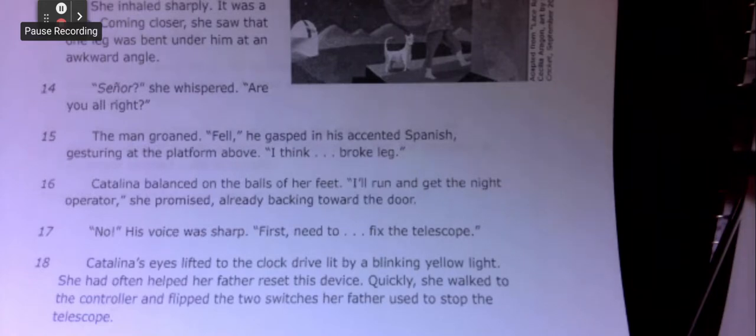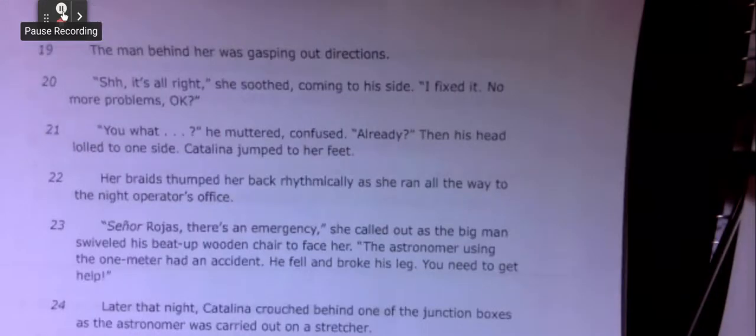Catalina's eyes lifted to the clock drive lit by a blinking yellow light. She had often helped her father reset this device. Quickly, she walked to the controller and flipped the 2 switches her father used to stop the telescope. The man behind her was gasping out directions. "Shh! It's okay," she soothed, coming to his side. "I fixed it. No more problems, okay?"